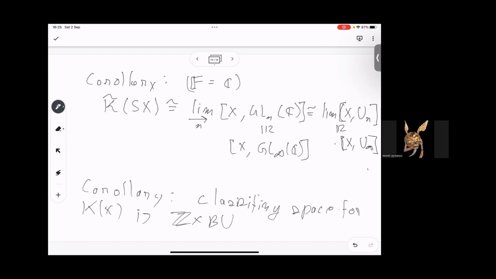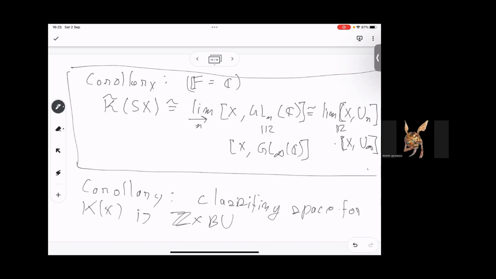Remember, K(X) is just Z direct sum K tilde, and we know K tilde will come from BU. So we just added this Z here, kind of something stupid, but sure. Anyways, this is the important corollary because we kind of know what the homotopical behavior of GL_n is.